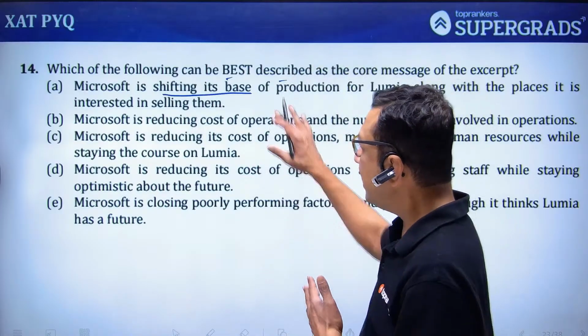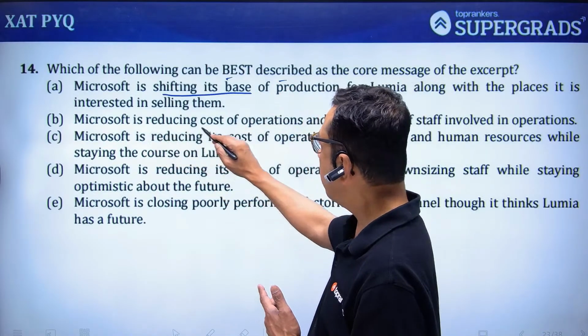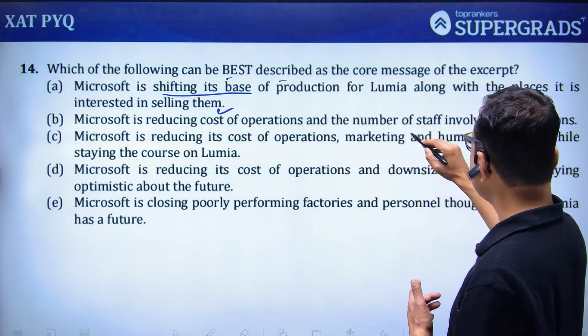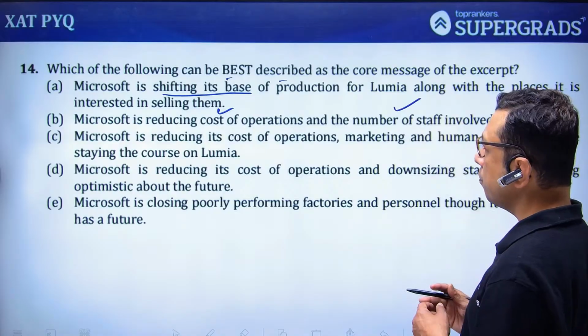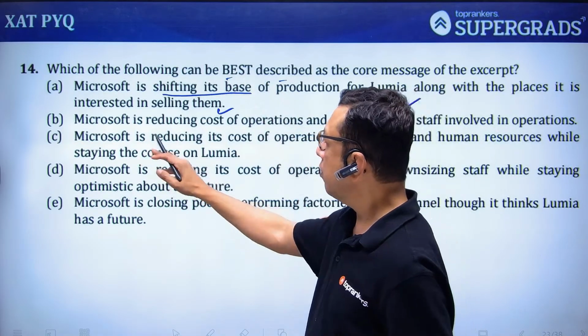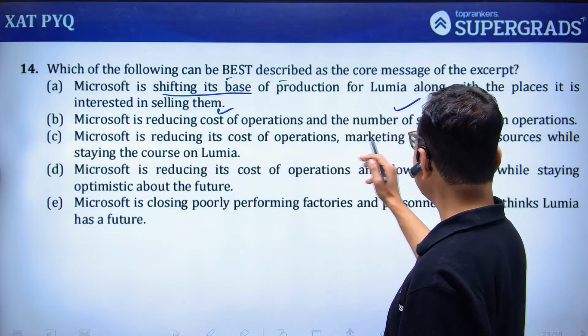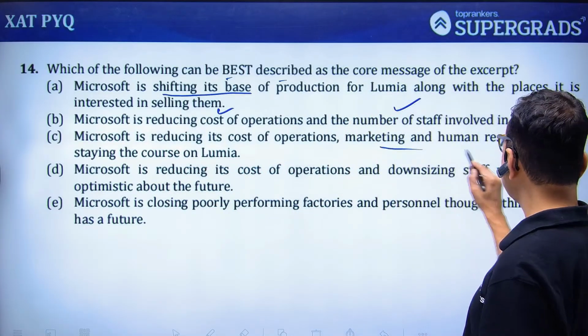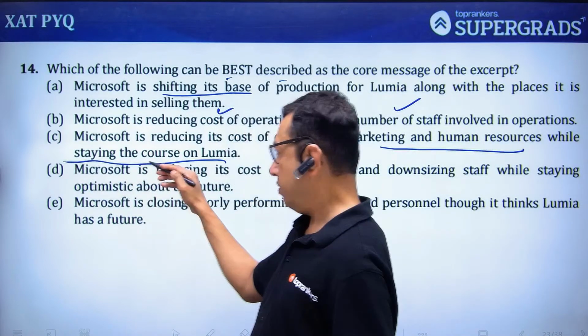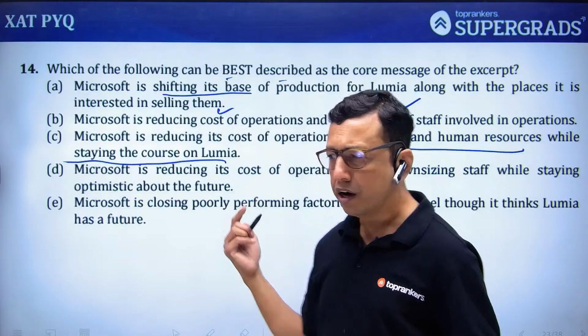Microsoft is reducing cost of operations, okay, and the number of staff involved in operations, but doesn't talk about shifting the base. Microsoft is reducing its cost of operations, marketing, and human resources while staying the course in Lumia. Yes, it's staying the course in Lumia, not moving away from Lumia.